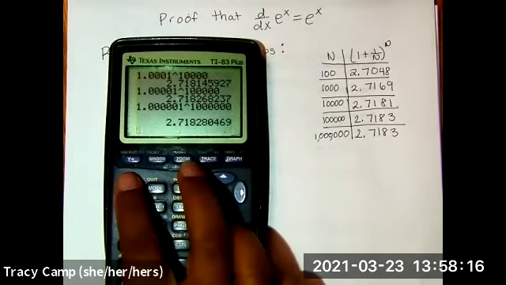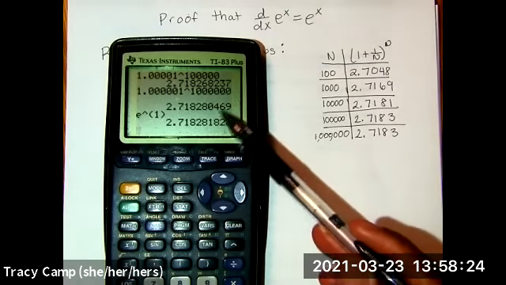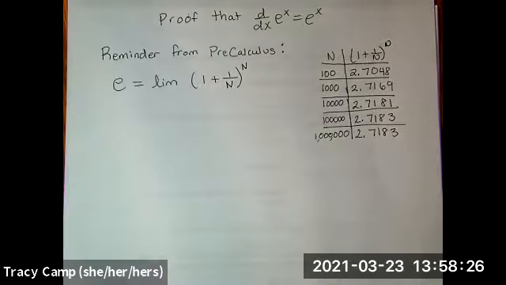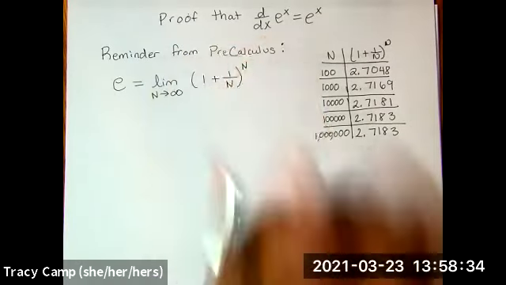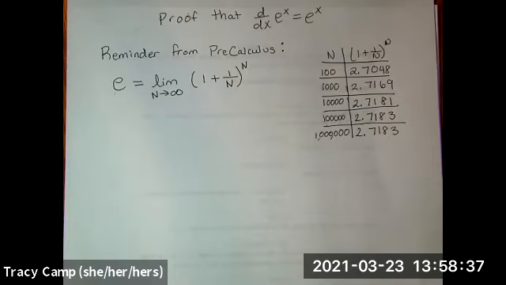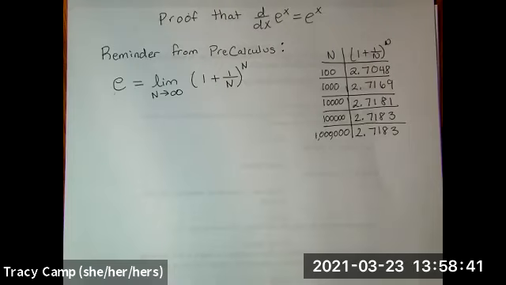Notice on my calculator, if I enter the number e, just e to the first power, it's really close to these numbers. So this number is defined as a limit. It's the limit as n approaches infinity. You get closer and closer to e, approximately 2.718.